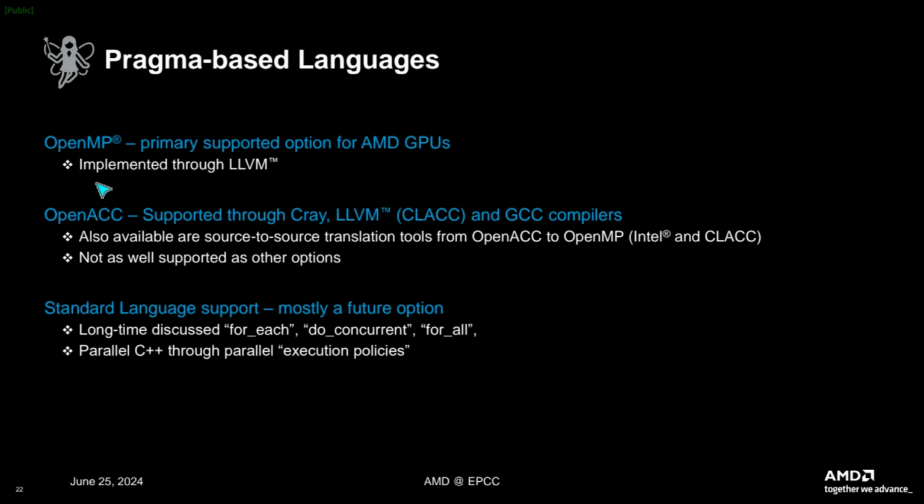And one of the things that many of us have been tracking and have been interested in is, if these pragmas work, could we just integrate that into the standard languages?